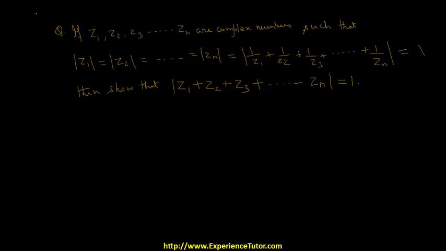Since modulus of z is equal to 1, we can write, which implies that z times conjugate of z is equal to 1, which implies that conjugate of z is equal to 1 by z.